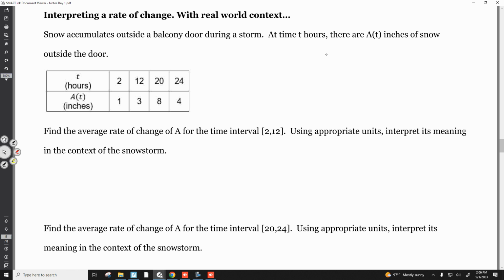Cool. This can be applied to real world scenarios. Here we go. We have a situation. There are snow amounts on a balcony after a certain amount of hours, bros.